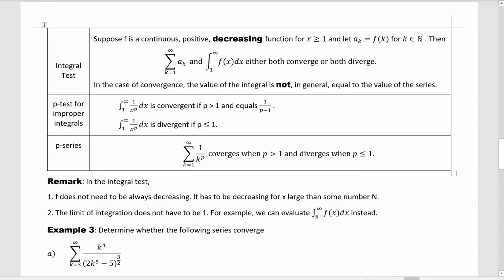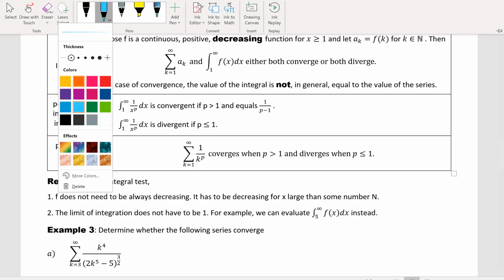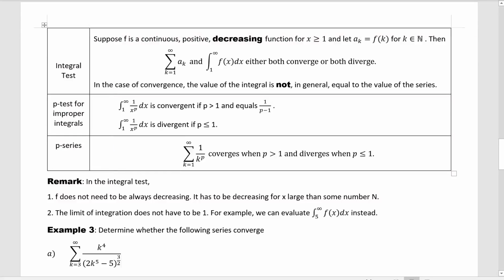Next, let's talk about the integral test. So what is the integral test? Suppose f is continuous, positive, and decreasing. So we have 3 conditions that need to be satisfied: a continuous, positive, and decreasing function for x greater than or equal to 1.